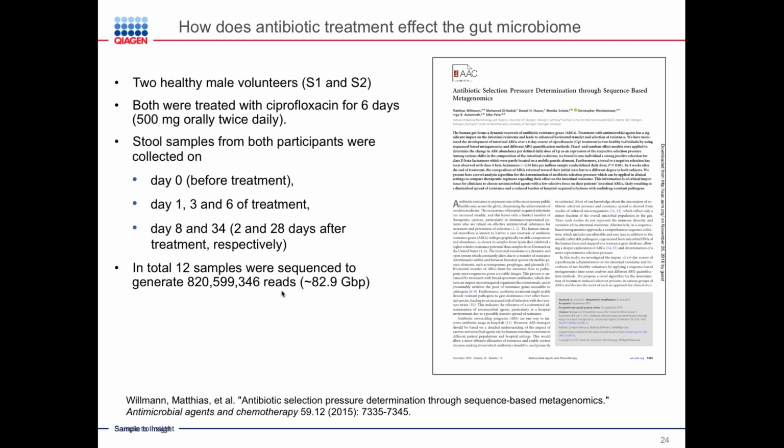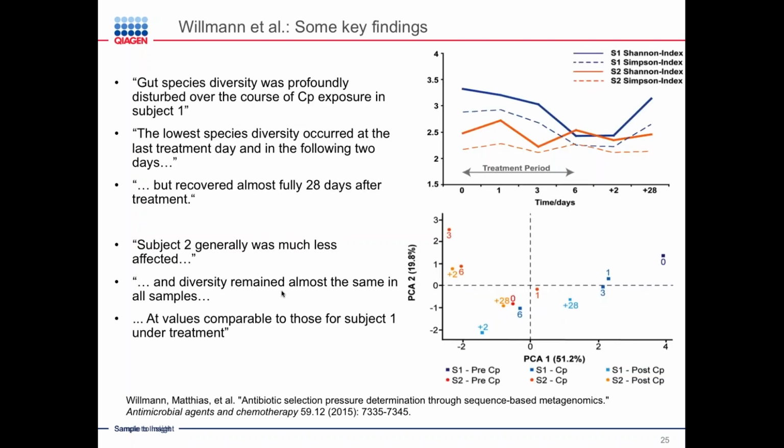So what did they find in that paper, and what would we like to find using our tools? They look at the taxonomic content of these gut microbiomes, and they find that gut species diversity was profoundly disturbed over the course of ciprofloxacin exposure in subject number 1, and the lowest species diversity occurred at the last day and in the following 2 days.